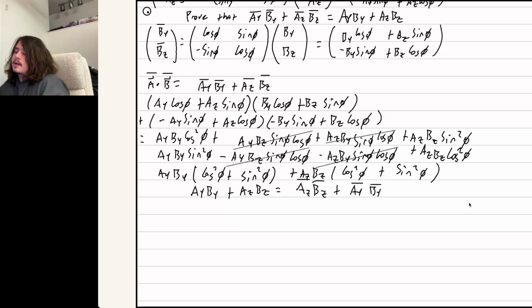Epic. The next part of the problem says, what constraints must the elements of the three-dimensional rotation matrix satisfy in order to preserve the length of A for all vectors A?